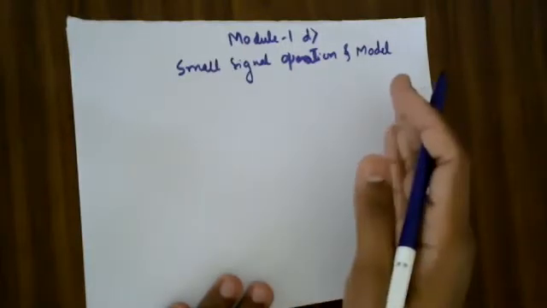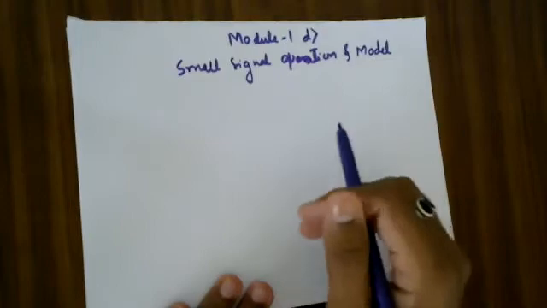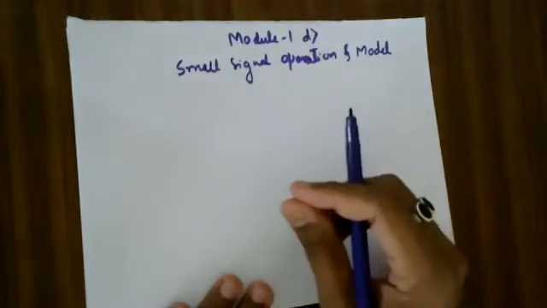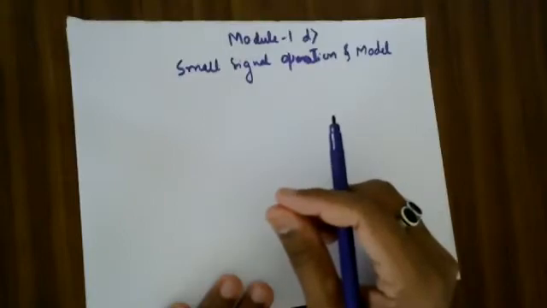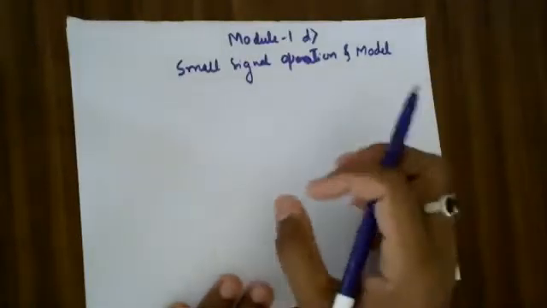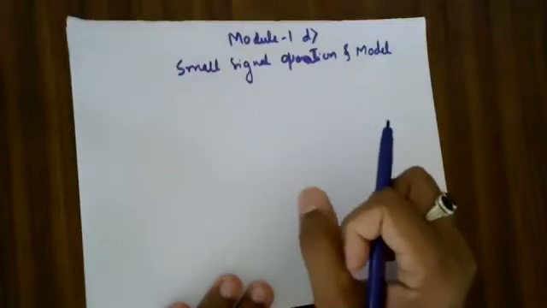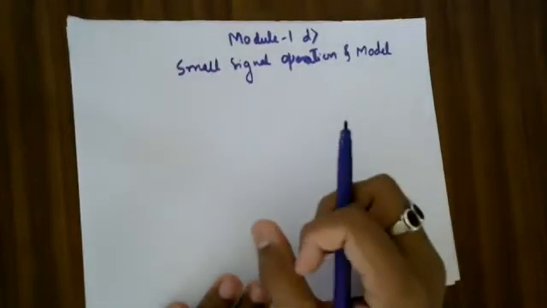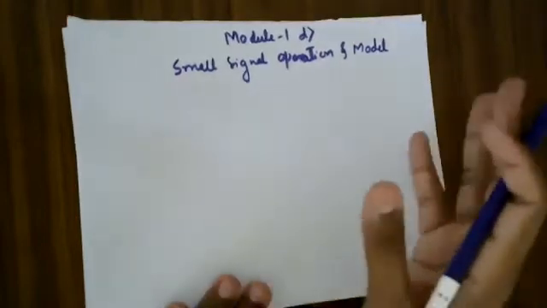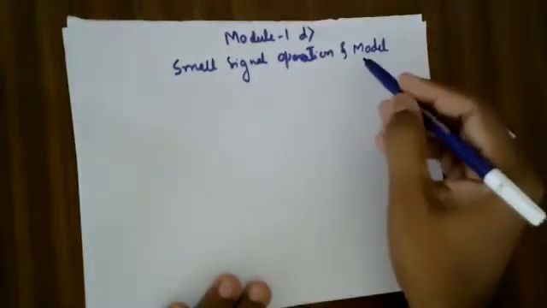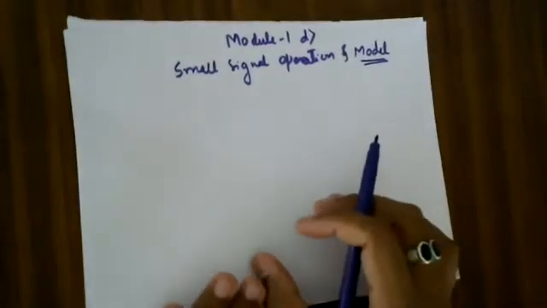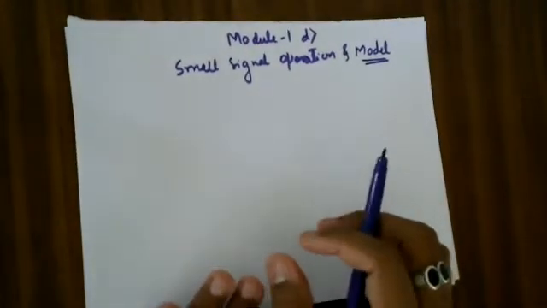Second, I need to apply a small input signal which has to be amplified at the drain terminal. Before going to the application, we'll concentrate on the DC analysis and AC analysis. Then next we'll go for the modeling of our MOSFET working like an amplifier.